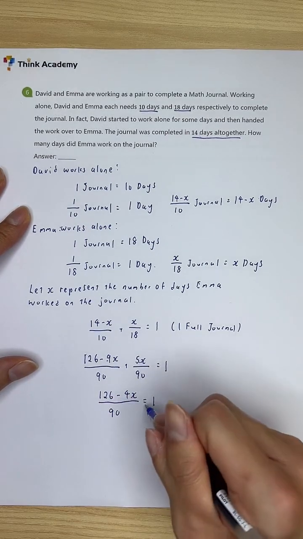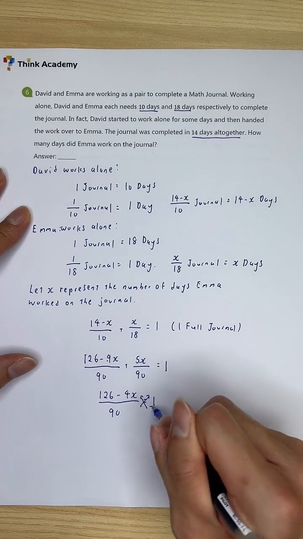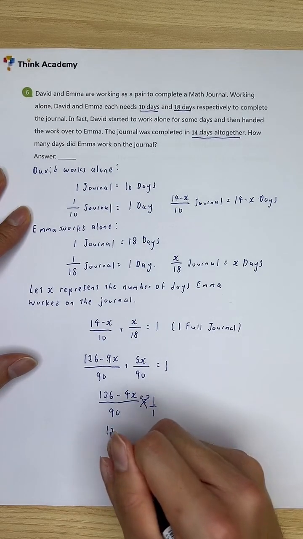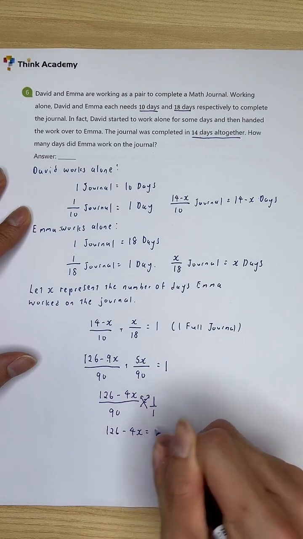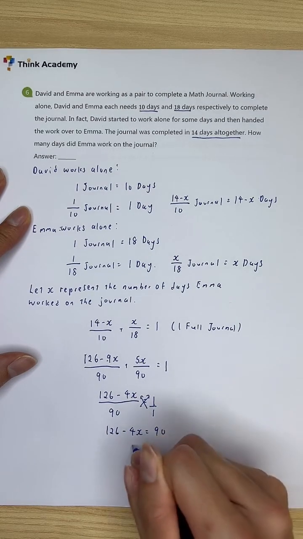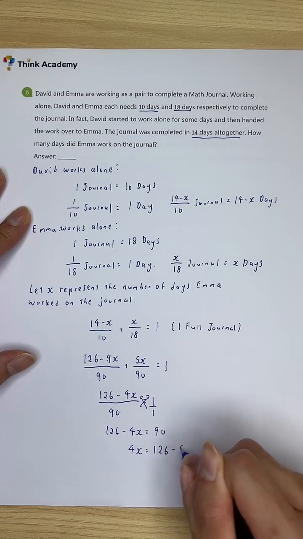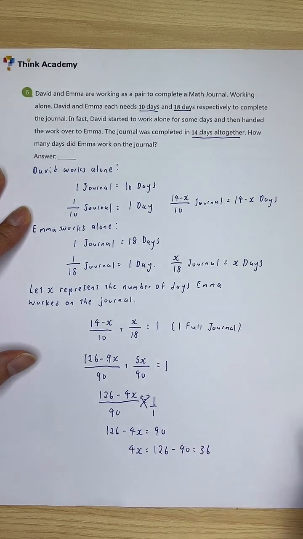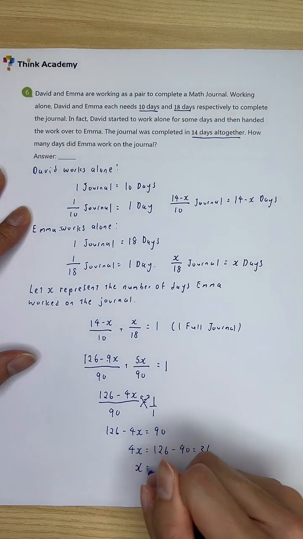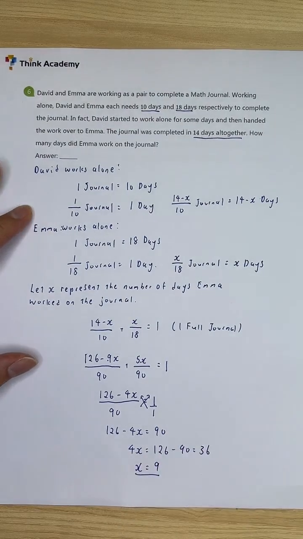Cross multiply, alright, remember the cross multiply idea, so 1 over 1. 126 minus 4x equal to 90. 4x is going to be equal to 126 minus 90, which is equal to 36. And so x will just be equal to 9.